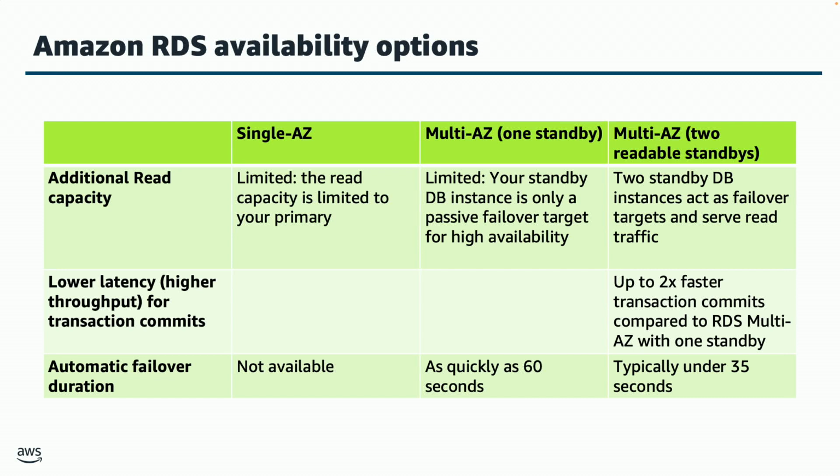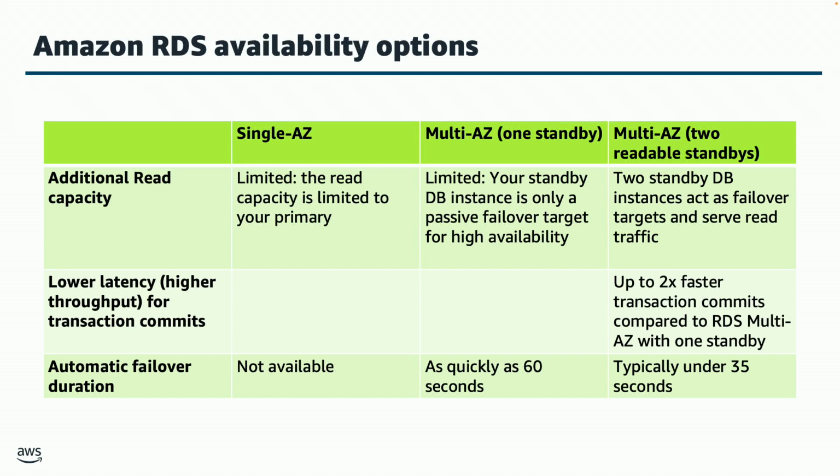With multi-AZ with 1 standby, you're limited to the 1 instance as well. For reads, you may need to spin up additional reader instances. With multi-AZ with 2 readable standbys, you have 1 primary and 2 readable standbys, and those standbys will act as failover targets for your high availability configuration as well. So that is one thing here.